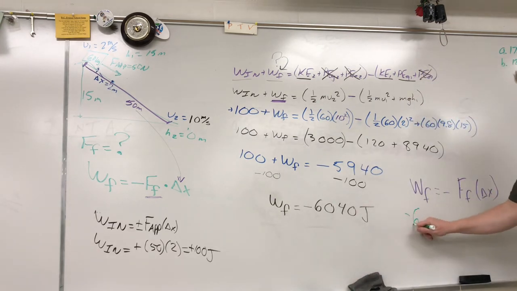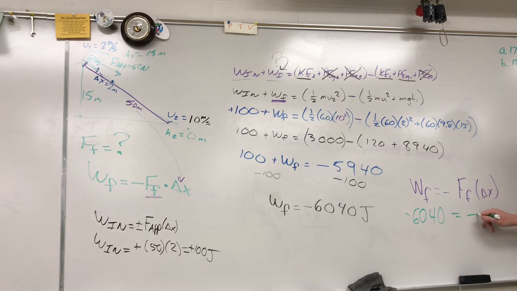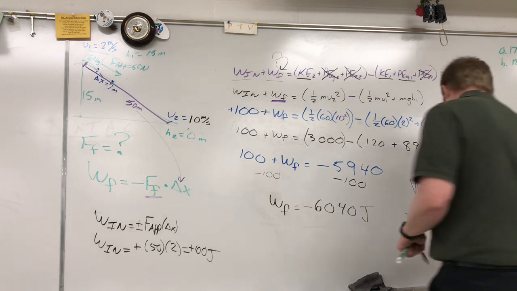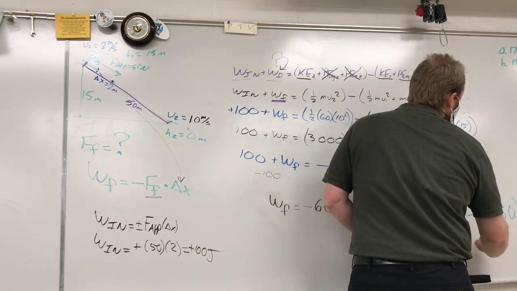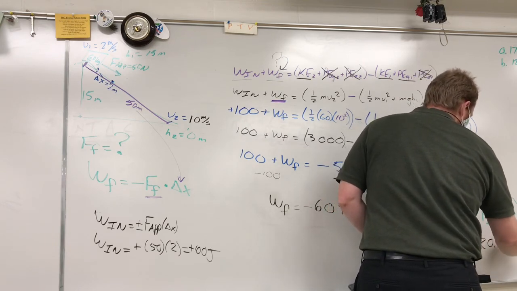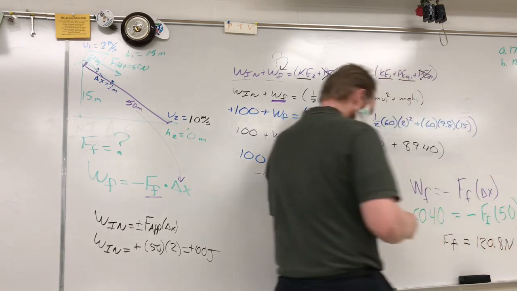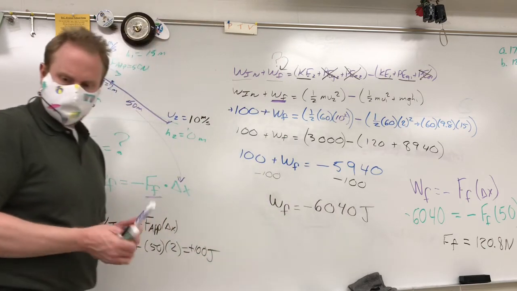Negative 6,040 is equal to negative force of friction, which is what we're trying to determine, times the length of the hill, because that's how far friction acts over. And that's a negative and a negative, we end up with a positive 120.8 newtons. That is what I came up with.